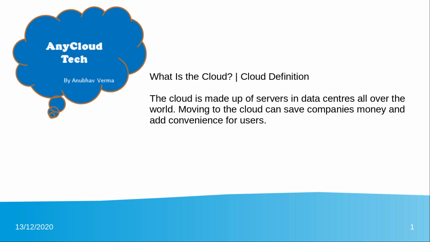So a zone is nothing, it's just an area where your data center is set up. Those data centers are interconnected with high bandwidth using the ISP. So it is just a connectivity method. And when you bring all the data centers into one place, you can call that a cloud platform.